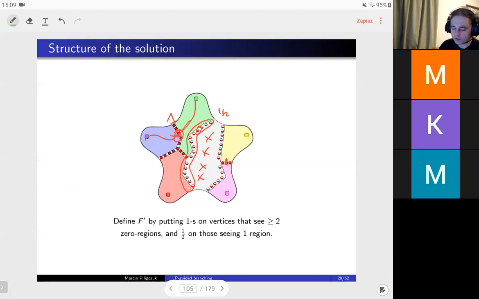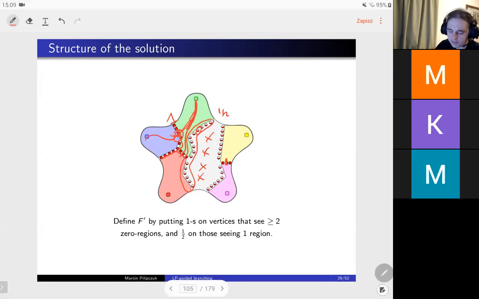So the claim is as follows. If I put ones on the vertices that see two zero regions and halves on the vertices that see only one zero region, then this is a valid solution. Because any terminal to terminal path needs to start in a zero region and leave this zero region. If it leaves by a one vertex, it's hit.